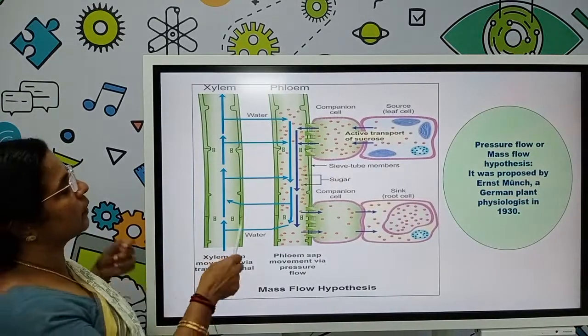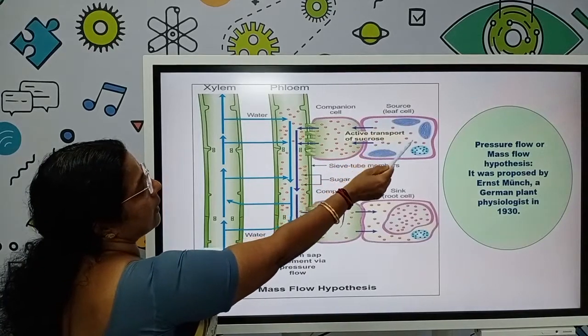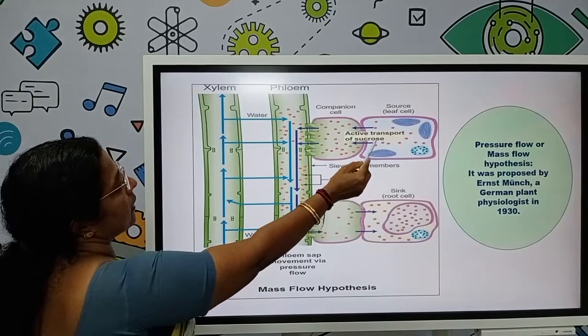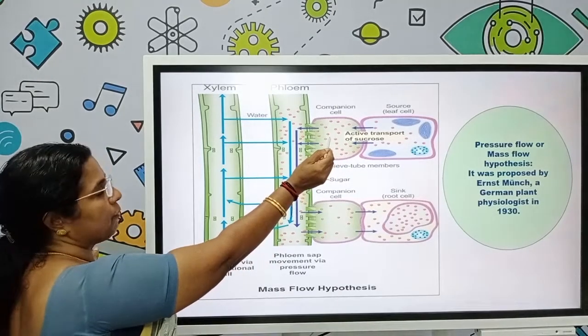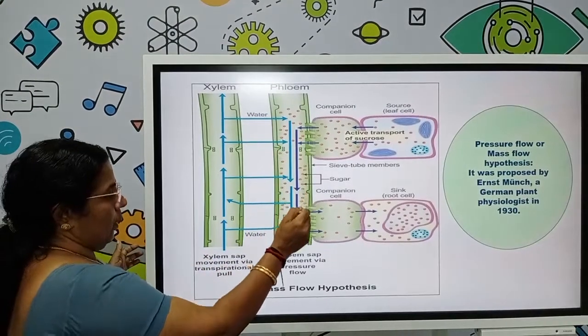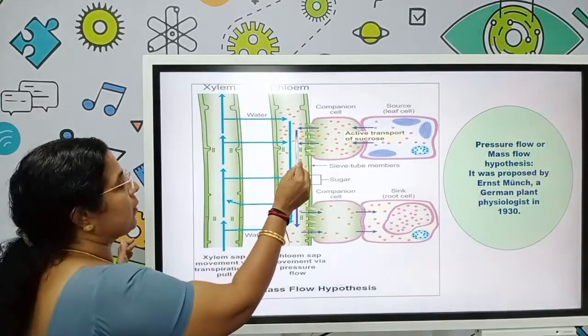So this picture shows it clearly. Here you can see the source, that is the leaf cells. From there sucrose is actively transported to the companion cells of the phloem tissue, and from there it will be taken up by the sieve tubes, also by active transport.